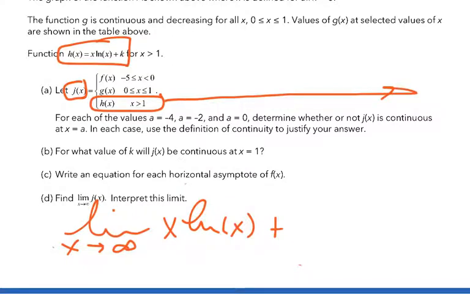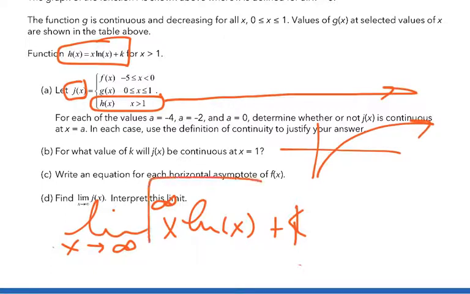So what's going to happen to this as x goes to infinity? x will be going to infinity. The natural log also goes to infinity. So basically I'm going to have infinity times infinity, right? So that's going to equal infinity. I have an infinite limit.